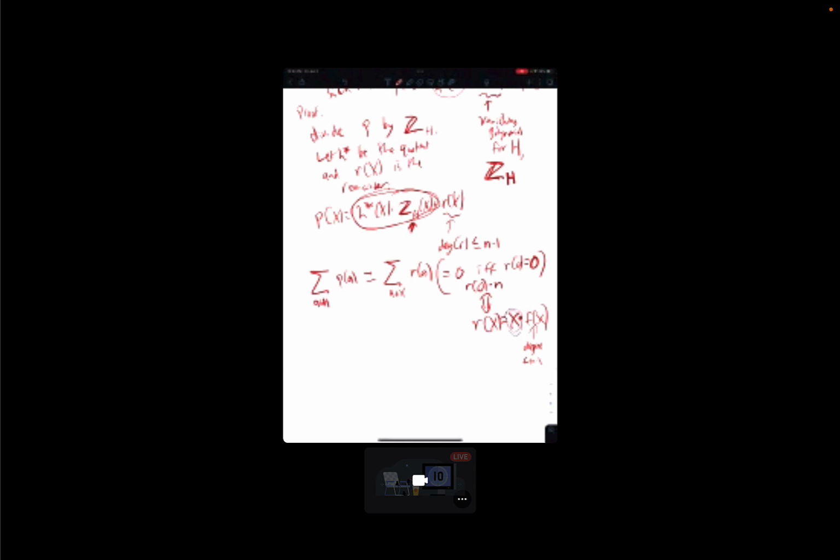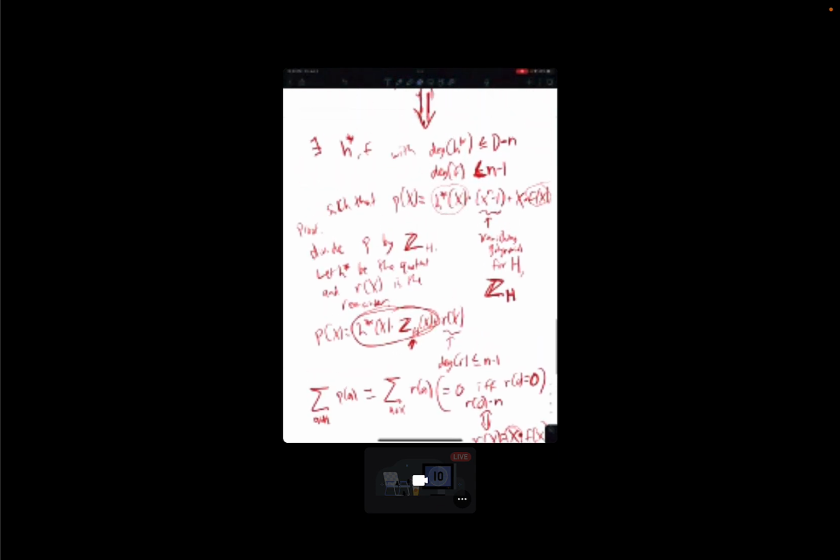So the point is, R of 0 being 0 means the constant term of R is 0, which means X divides every term of R, because X divides every monomial except a constant term. X divides X, X divides X squared, X divides X cubed. So if there is no constant term, then X divides every monomial in R. That means we can write R as X times f of X. So that's the proof of the non-trivial direction of this fact.